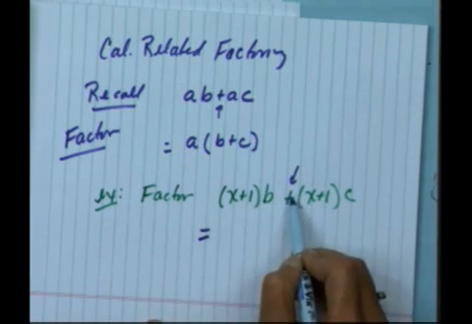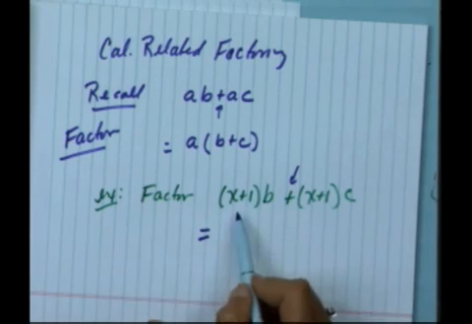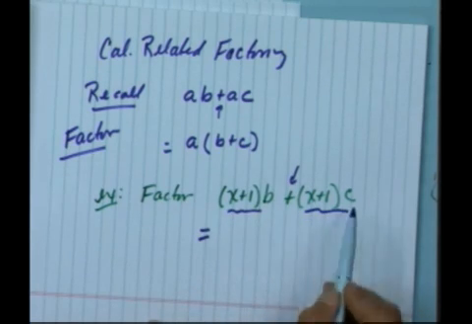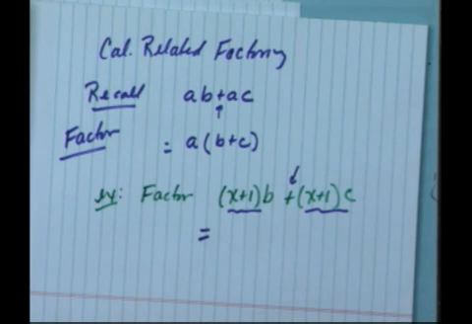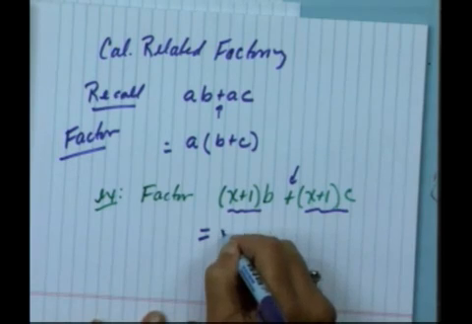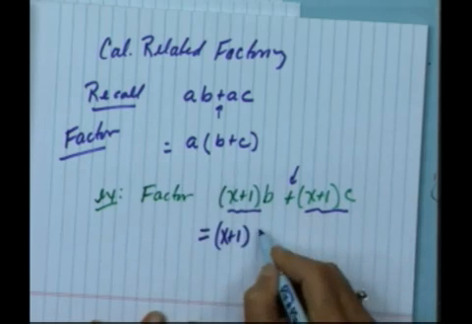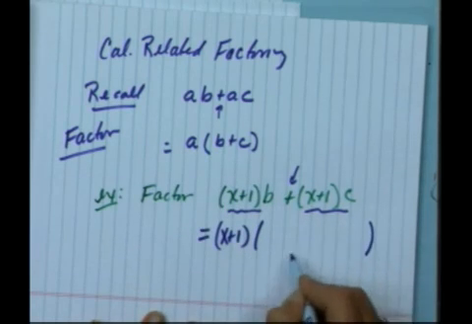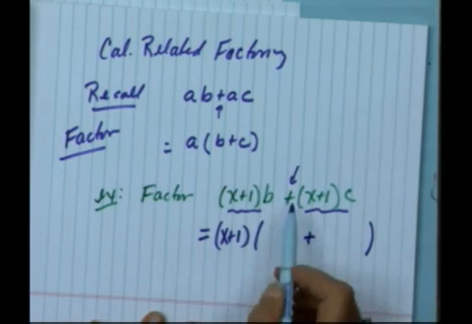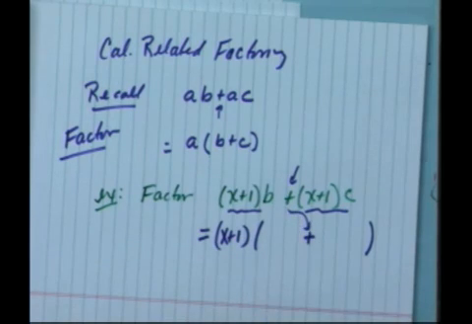So I have two terms, and I want to write it as a product. So when you look at both of these terms, what factors are common to both? Everybody says x plus 1. So we're going to bring the factor x plus 1 outside the parentheses, and inside my big set here, I will have two terms.